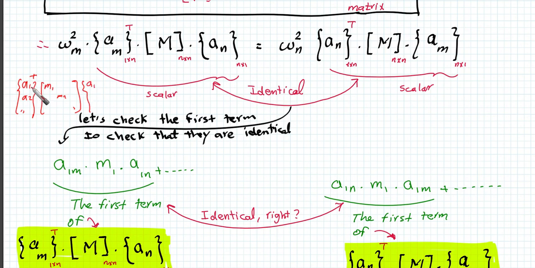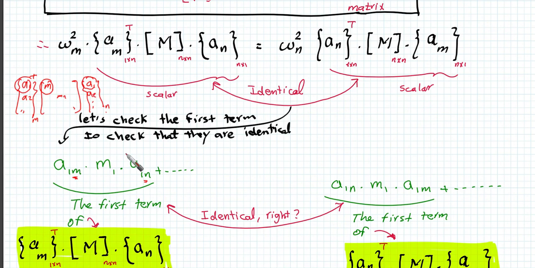We're talking about M here, so this is for M, and here A2, something like this, for N. The first term here is going to be A1 times M1 times A1 from the N. So it is A1 from the mth mode times M1, the mass of the first mode, times A1N, which is the amplitude of the nth mode, plus the remaining terms.